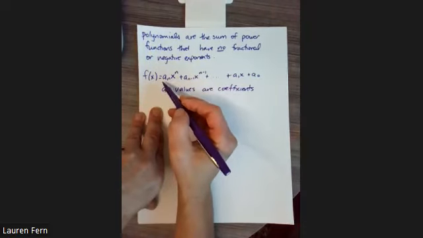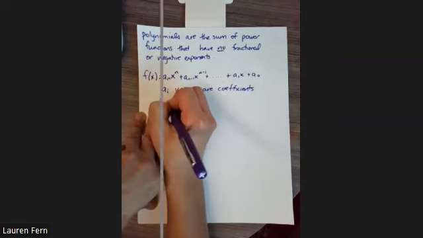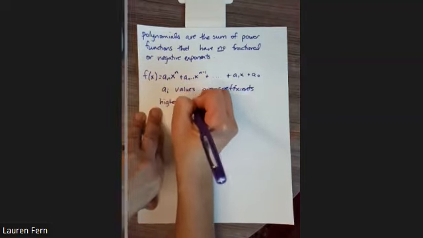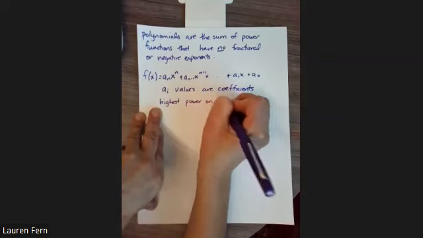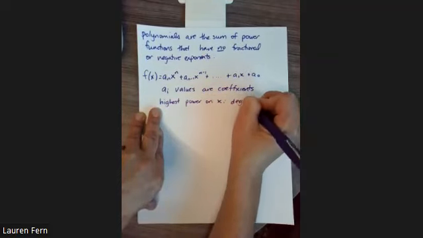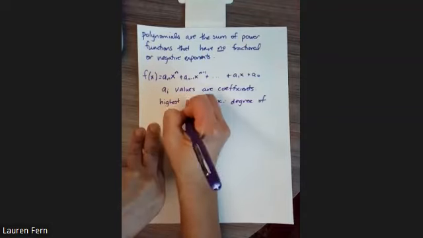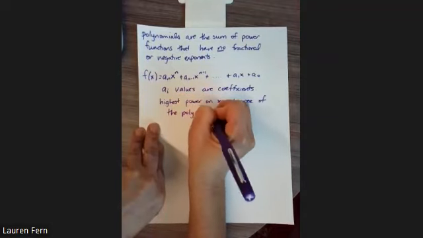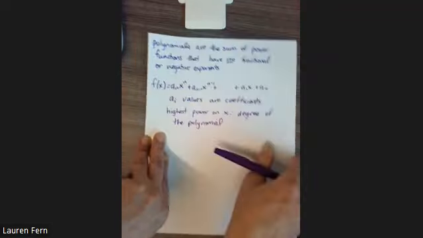And we tend to write these with the highest exponent first and then in decreasing order. And what I'll tell you is that the highest power on x is called the degree of the polynomial. The term with the highest power is called the leading term.